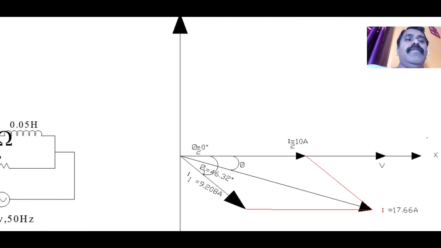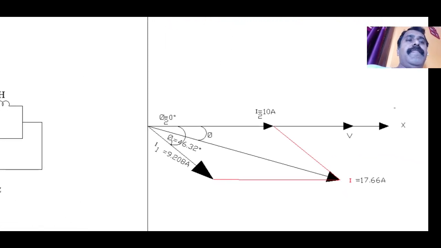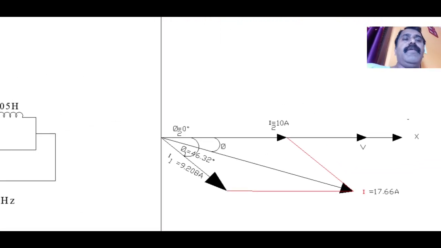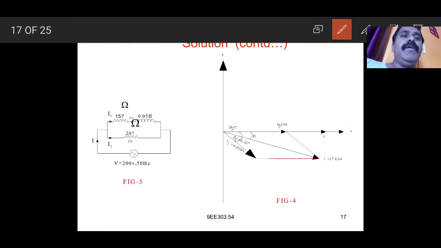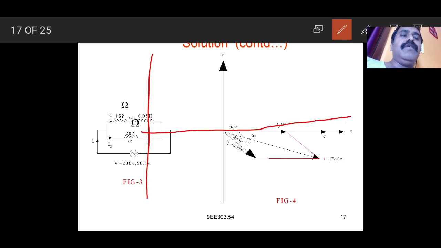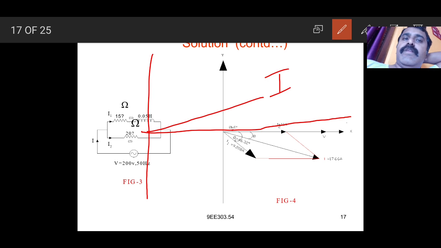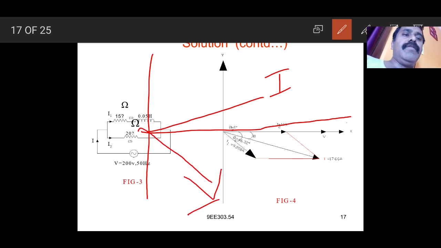So lagging. Again we can draw here; first we have to take the voltage as the reference vector. First is I1, which is the current of the inductive branch, and the current of the other branch is I2.